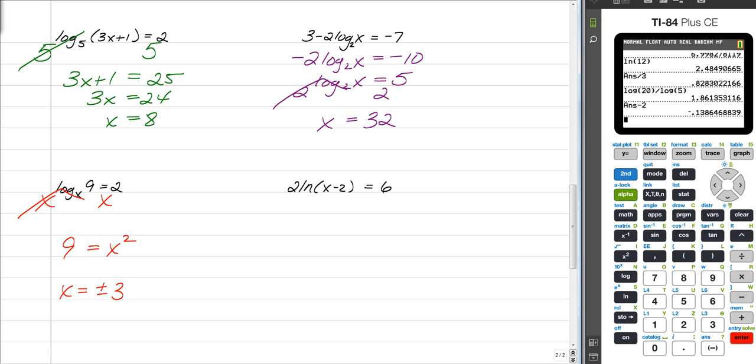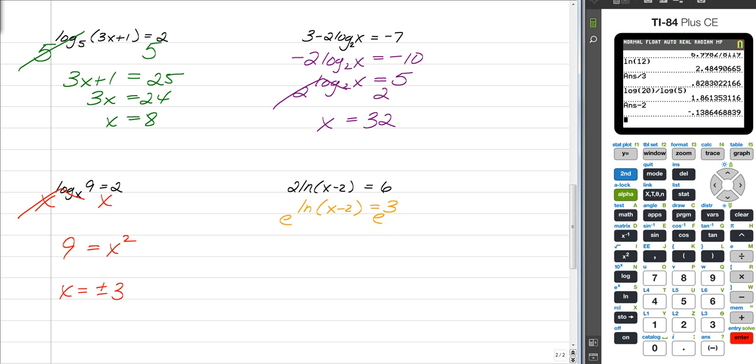Okay? And then the last one, you had to first divide both sides by 2. So we have ln of x minus 2 is equal to 3. Now, to get rid of a natural log, remember you use e. So we're going to have a very crazy decimal for this.